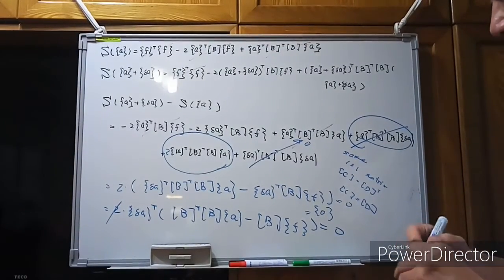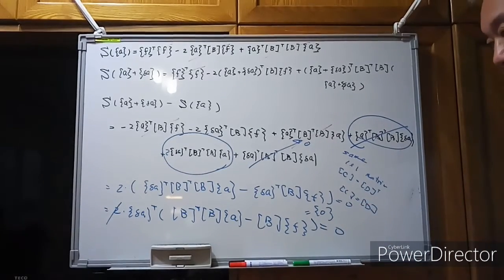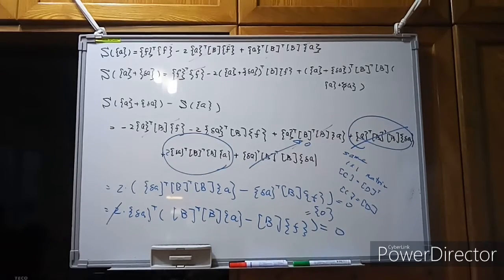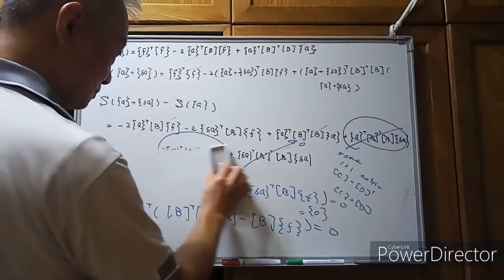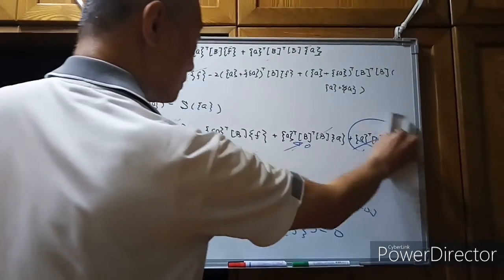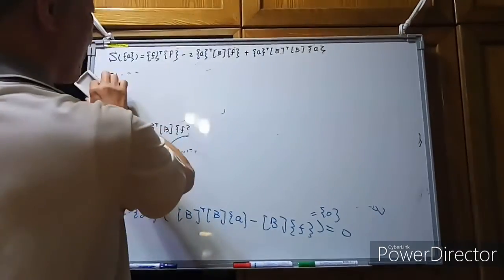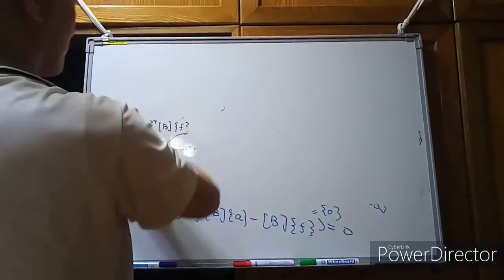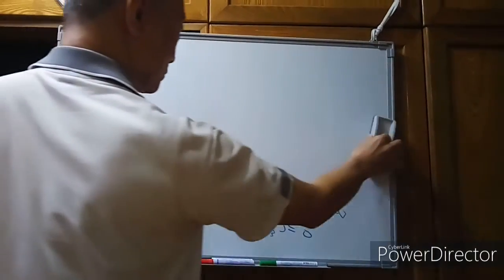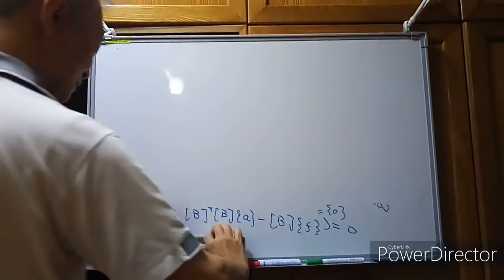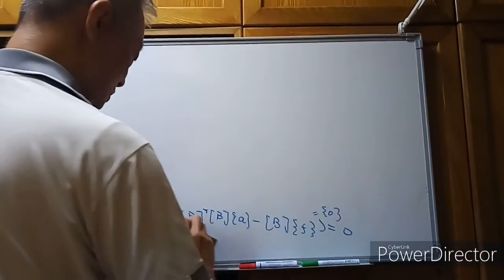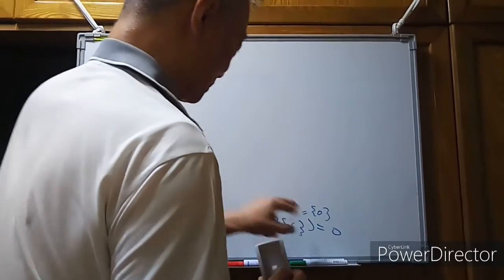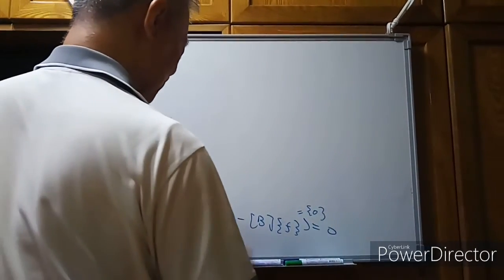Okay, so you can print the screen right now, and I'm going to erase it. So the variations of the capital S, which means the inside of the parentheses, must be equal to zeros.